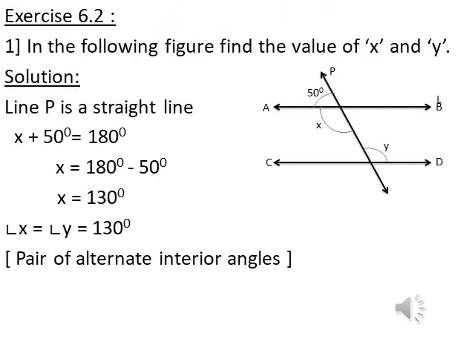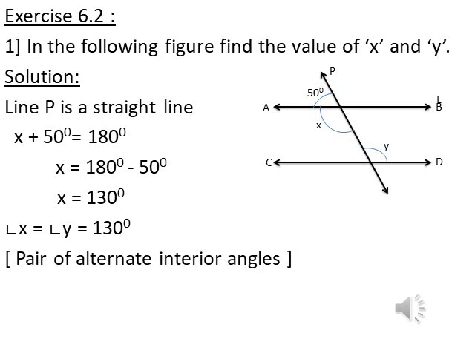Learn the types of lines. If we draw two lines, the two lines either may be parallel or they may be intersecting. If two lines intersect, we get two pairs of vertically opposite angles. In this figure, one line is intersecting the other line and we got four angles: angle 1, angle 2, angle 3 and angle 4.